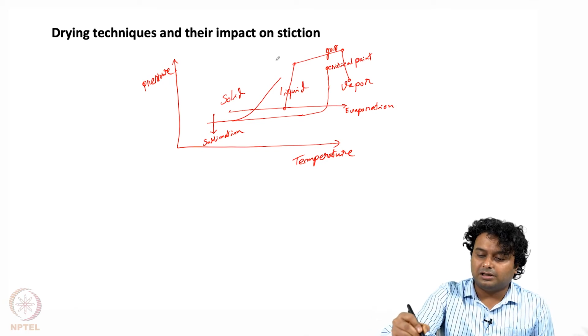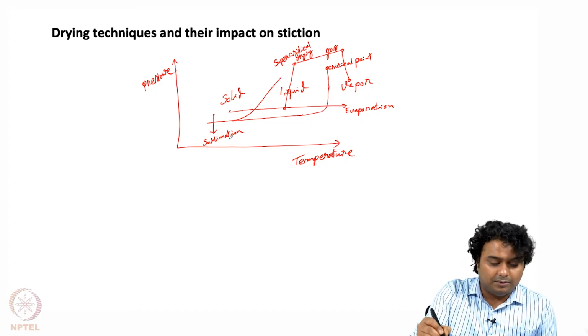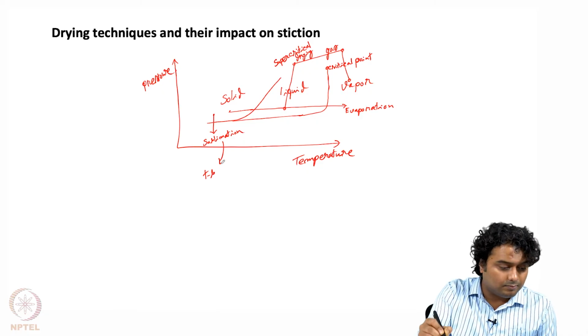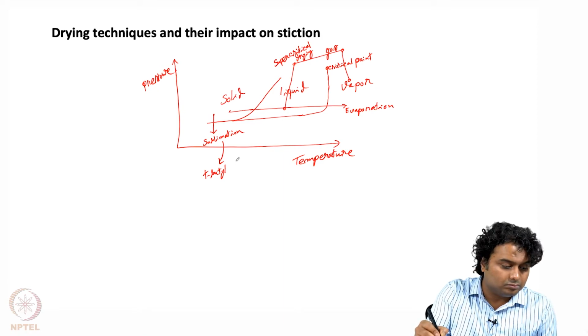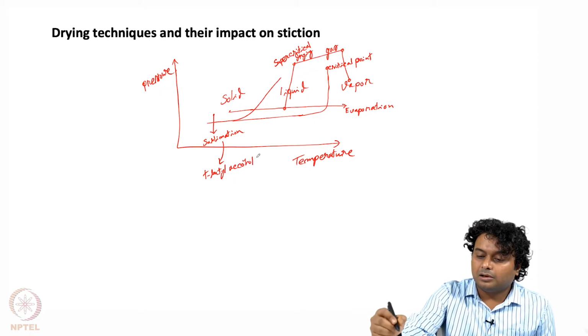So this is called supercritical drying. For sublimation, we can use tertiary butyl alcohol, or T-butyl alcohol. And supercritical drying can happen with CO2.